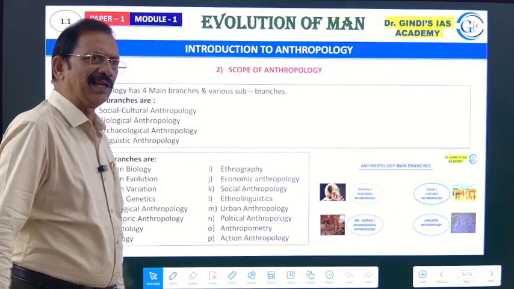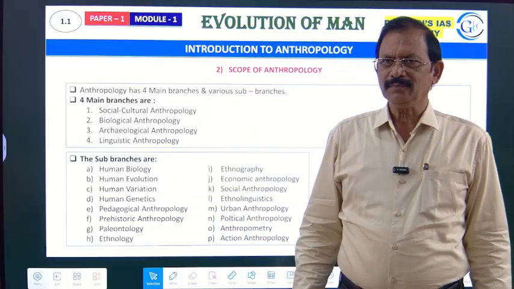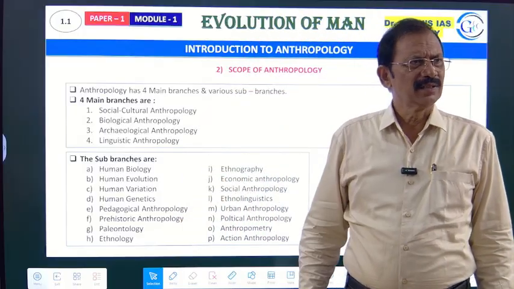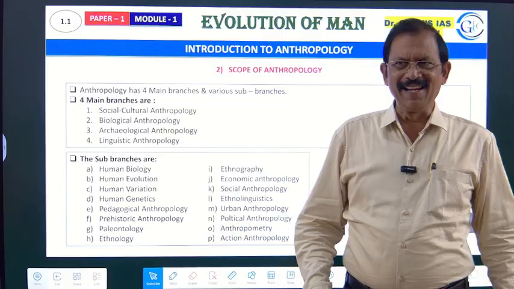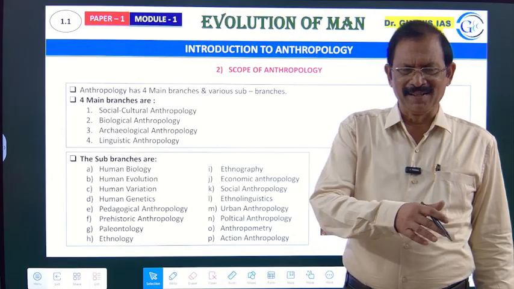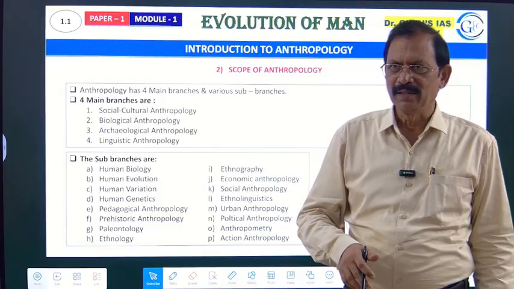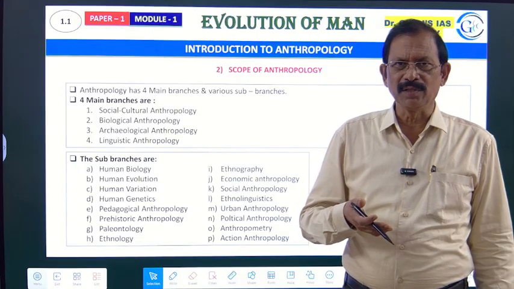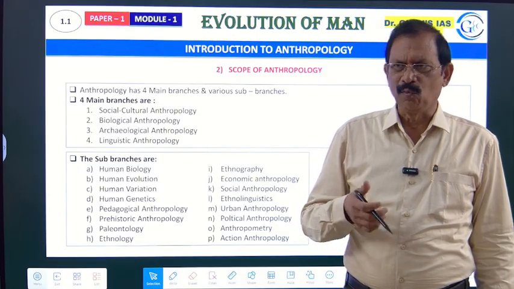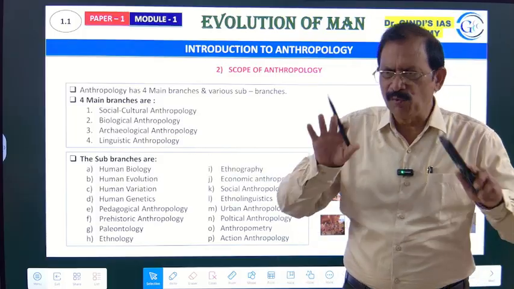Then archaeological anthropology. We study the past. What happened in the past? Up to now in IAS, only the Indus Valley Civilization was studied. What happened previously? How did our ancestors live? What was their anatomy, their living conditions, their environmental conditions? We should know everything.